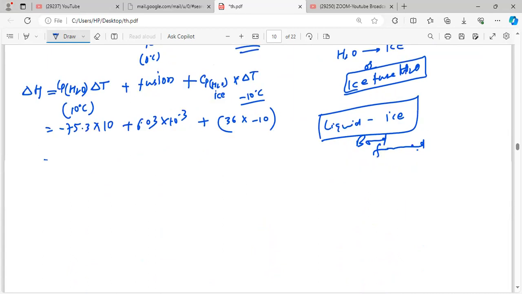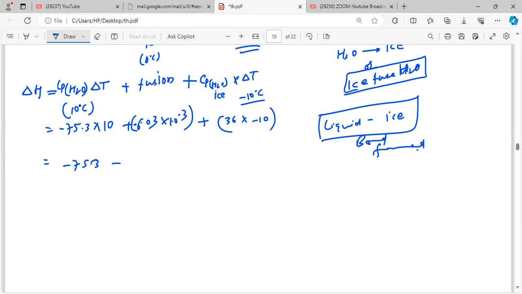So here it will be 75.3, the point will be removed. This will again get added in the negative term. Fusion is also the negative term. Enthalpy of fusion means the energy will liberate, so this term will also be negative.